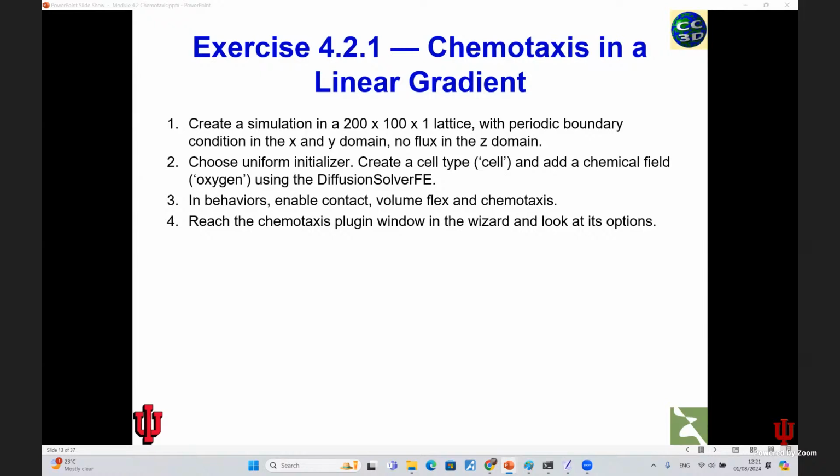And just to confirm, we're not supposed to move from the Chemotaxis plugin page. We're just supposed to wait there. Yes, wait there.